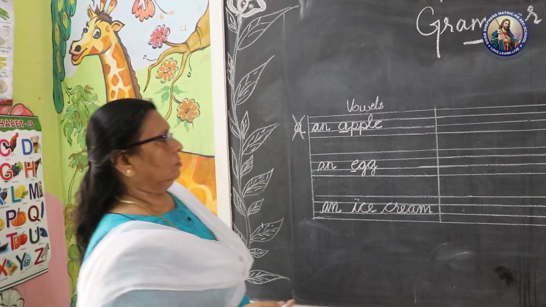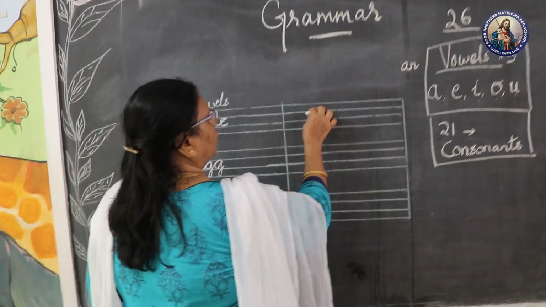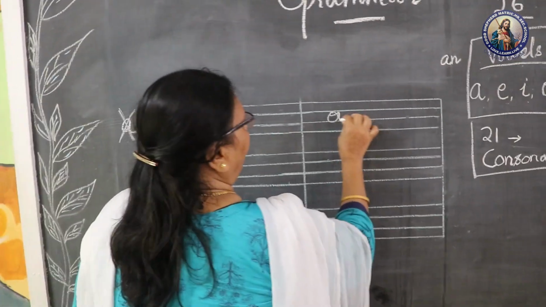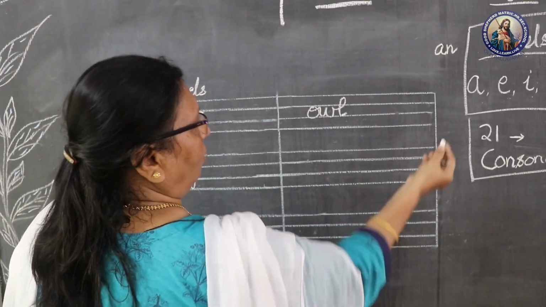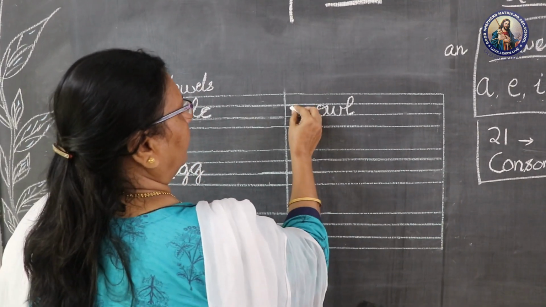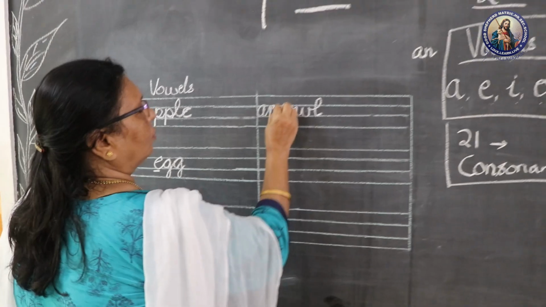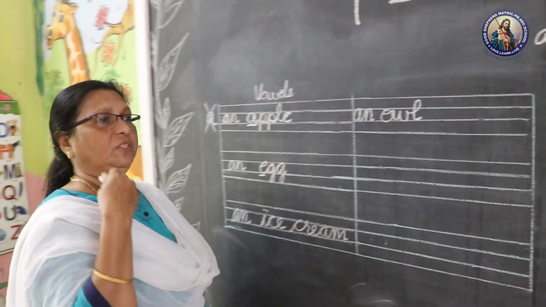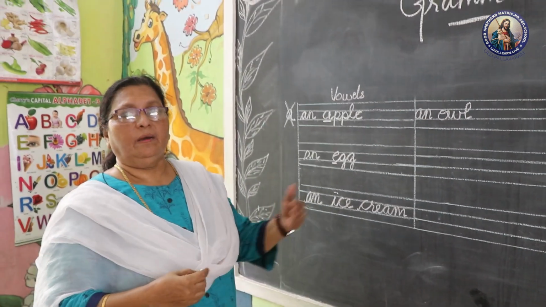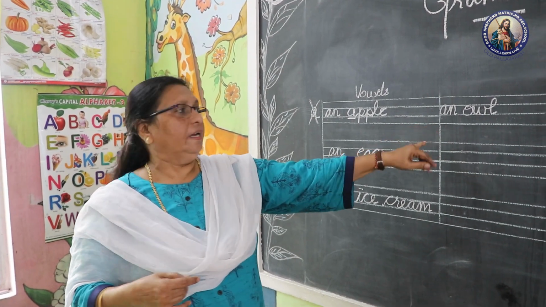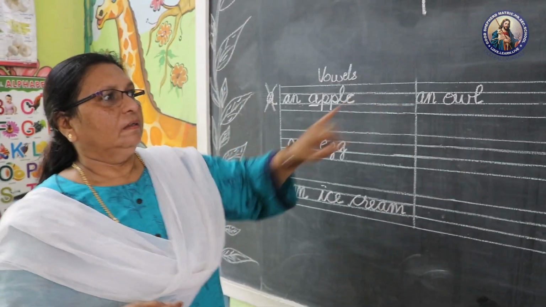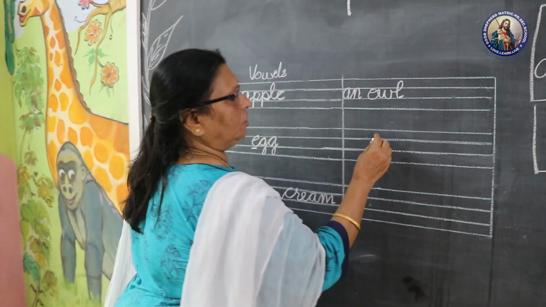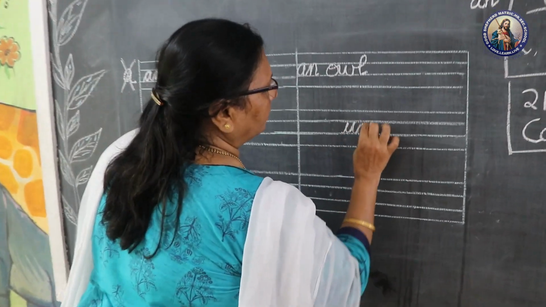Next is O. What word will you use for O? Let's say owl, or you can say orange. Here again, when I am saying it or writing it, it has to be an. This is right. And then you have, as usual, U for umbrella.